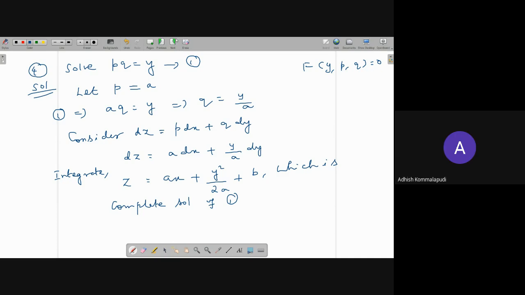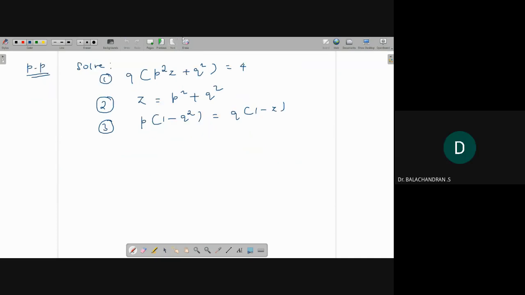Okay, sir. Next, type number 4, and this is the last problem today, and then we will go to tomorrow's equation. Type number 4, separable equation.